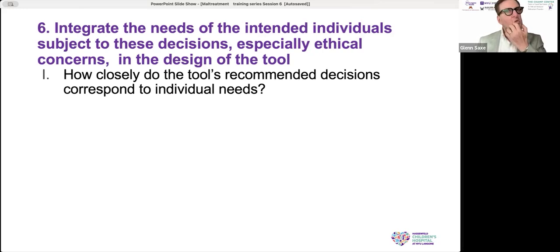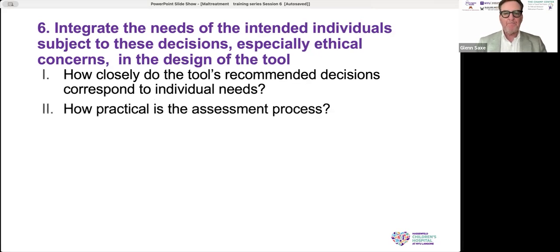So we may design a tool based on expert assumptions of what people need, how the decisions will influence their life. But we need to include a group of people informing us about how we design this, including family members, people who are going to be subject to this tool, so that we can really understand.